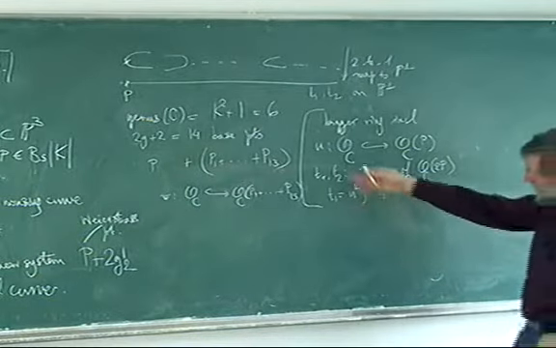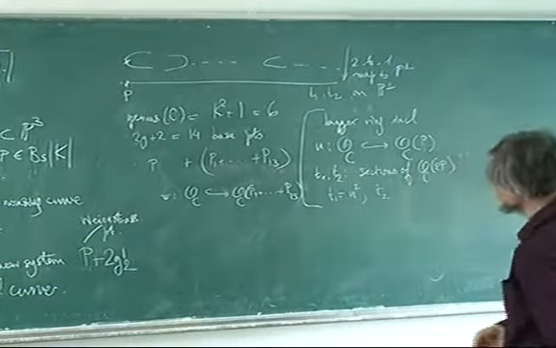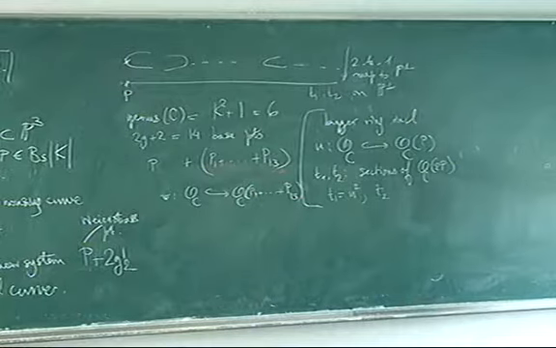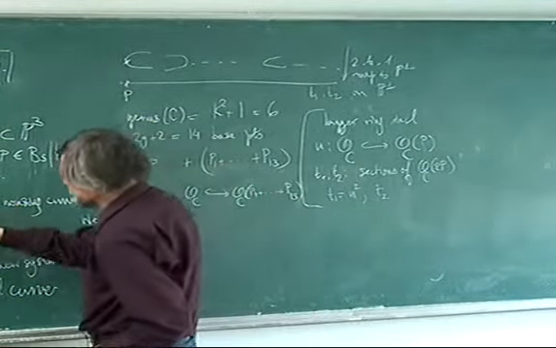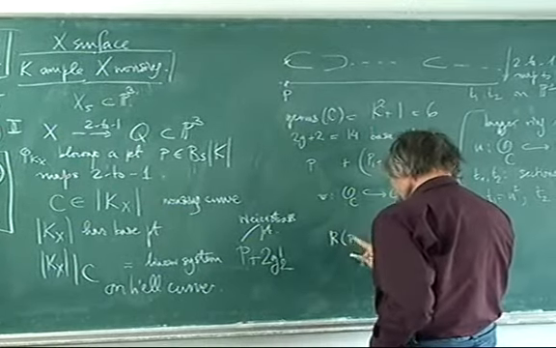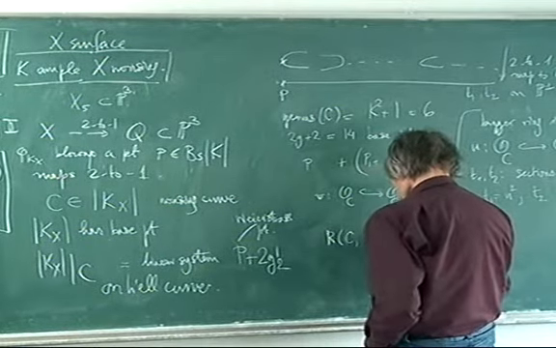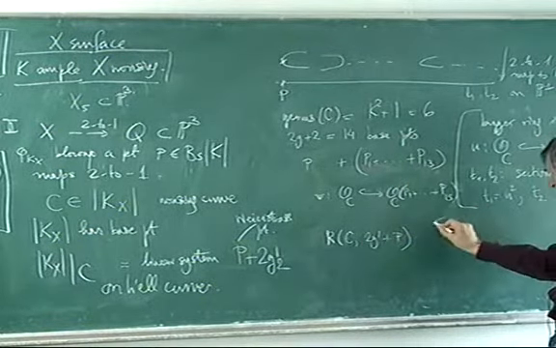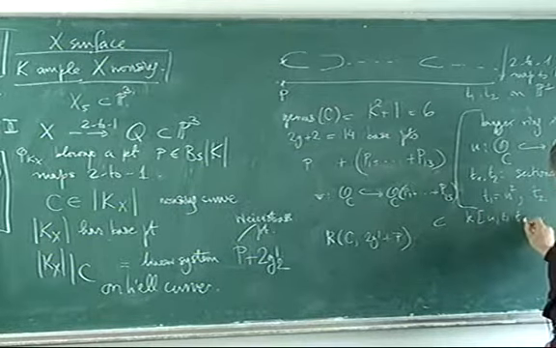So these guys here, U, T1, T2, and V, are generators of some bigger ring. And the thing I want is the ring of C and 2G1 plus P, and that is contained in the ring of U, T1, T2, V.